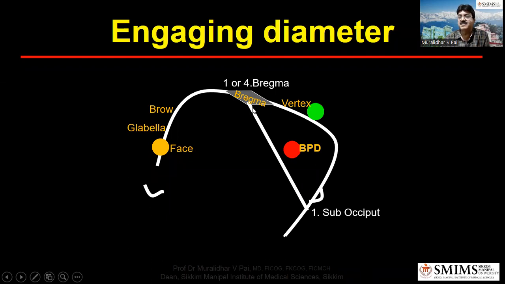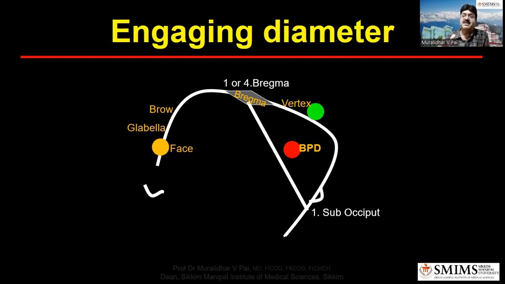Now, many students get confused. What is engagement and what is engaging diameter? Engagement is very simple. When the biparietal diameter, which is the transverse diameter, the broadest diameter, 9.5 centimeters, crosses the pelvic rim, that's all.